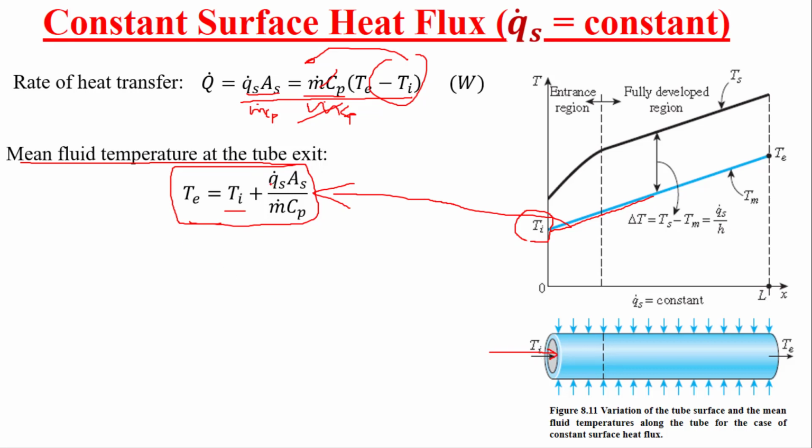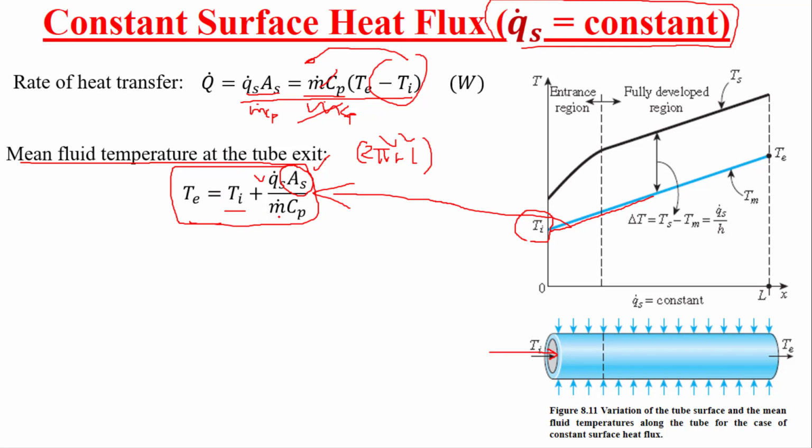Now, Q dot s is constant. This is the first scenario. Surface area, we are talking about a constant tube diameter, so the surface area, which is 2 pi R multiplied by L, is constant. R is constant, length is constant.